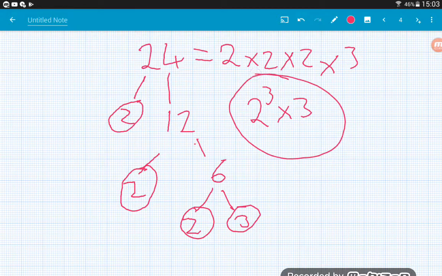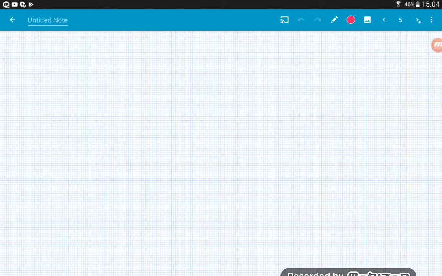So 24 is equal to 2 to the power of 3 times 3. What's going on there? 2 times 2 would be 4, times 2 is 8, and then times 3 is 24. Job's a good one.